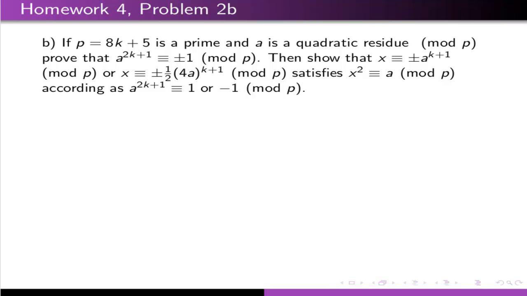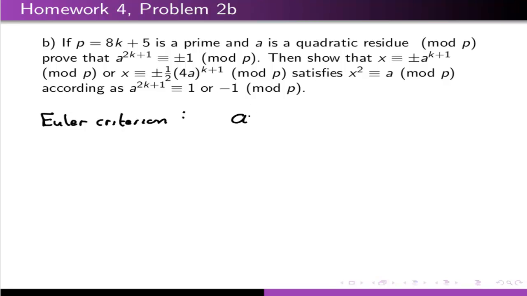Now part B is very similar in nature. So this time p is congruent to 5 mod 8. And I want to show that these values would satisfy this. So again, think of the Euler criterion. If a is a quadratic residue, what does that mean?